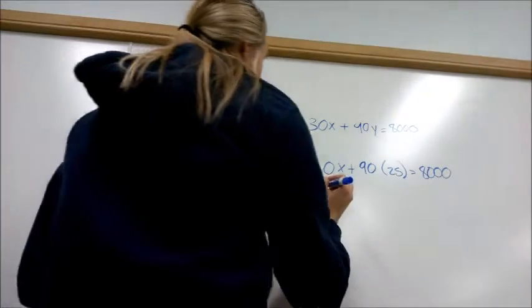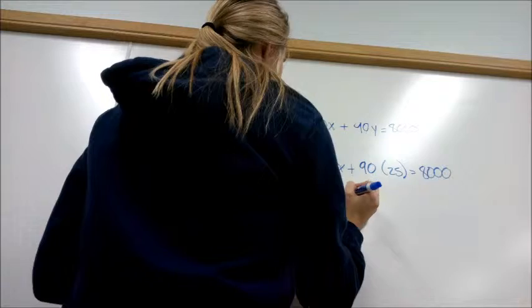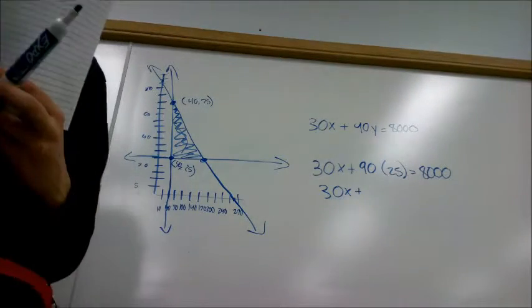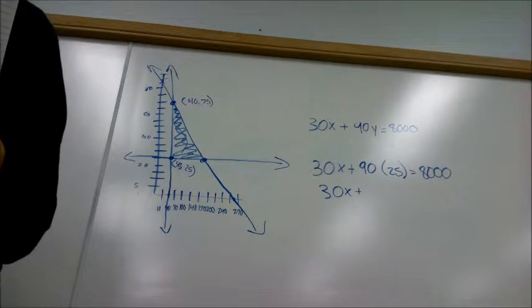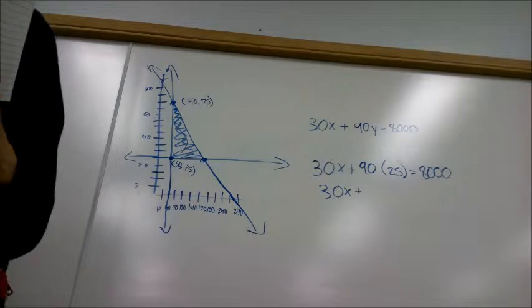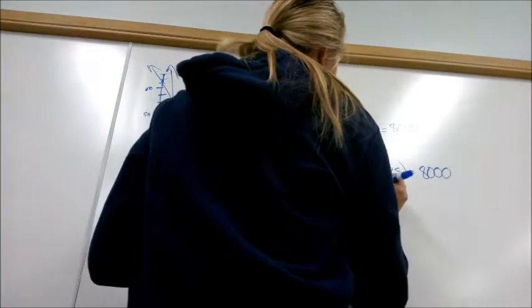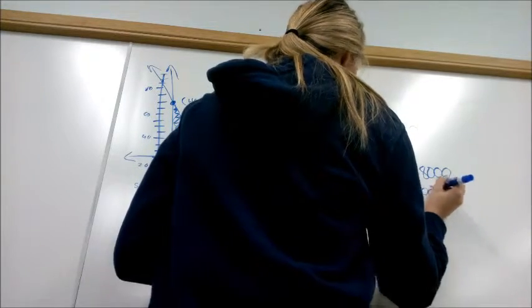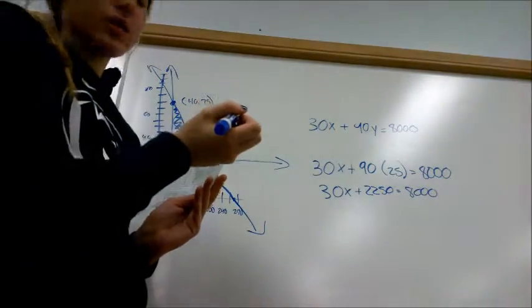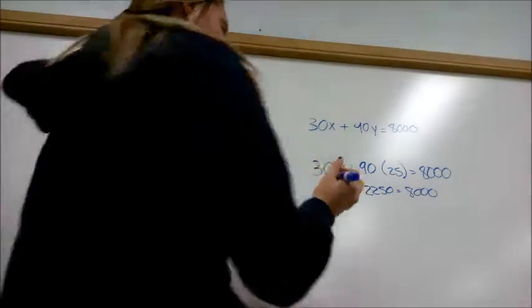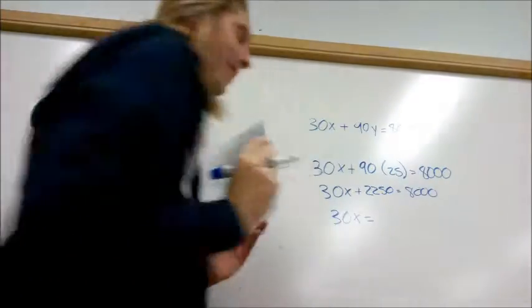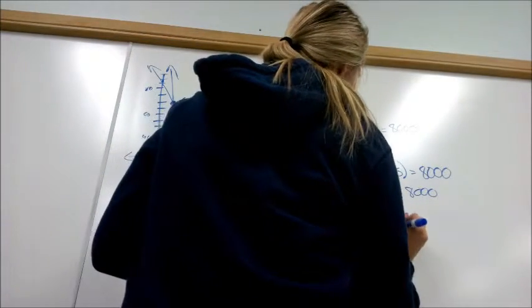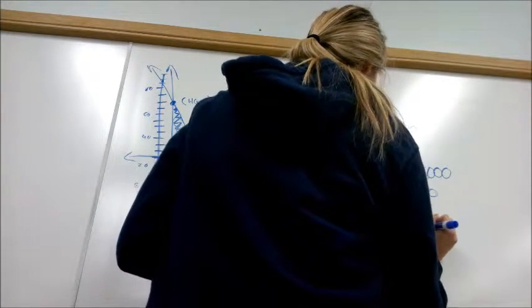So this comes out to 30x plus 2,260 equals 8,000. And then it's just basic algebra. So we have 30x equals 5,750.